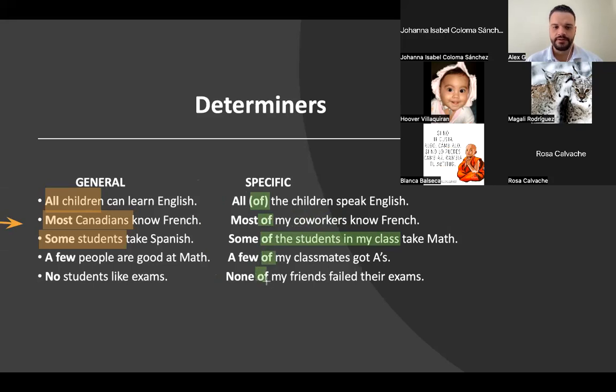So maybe we could do something like all of my students pass the exam, right? All of my students pass the exam. So I'm specifying a group, okay? It's not too complicated. Just make sure that for specific, we use of and specify the group, okay? Any questions, any problems?